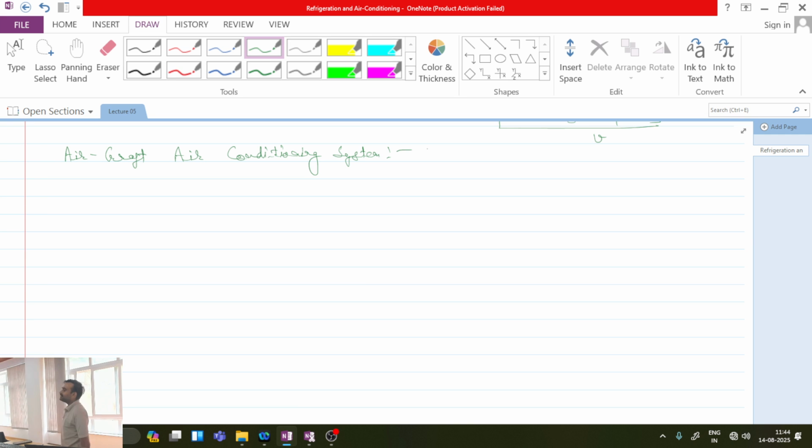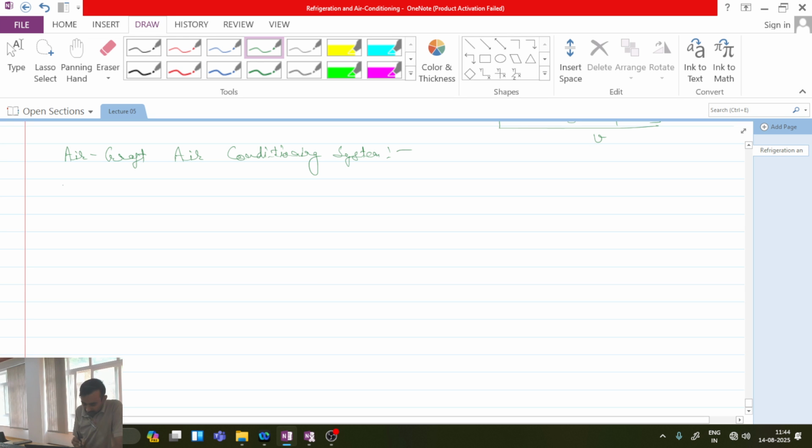So first point is because of metabolism, body releases heat. So it means that for the persons who are sitting in the airplane, their population density is very large, because the cabin, that particular space of the aeroplane, is very small, and in that small space we have put a large number of passengers.